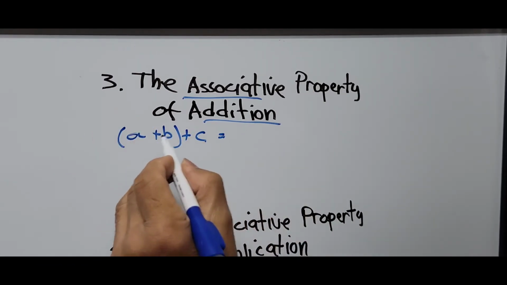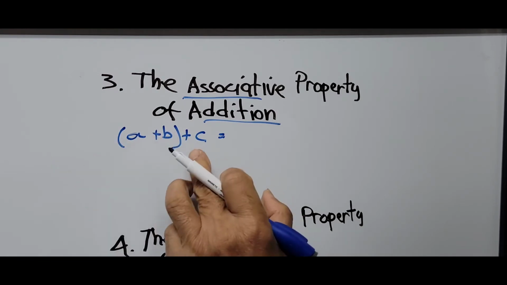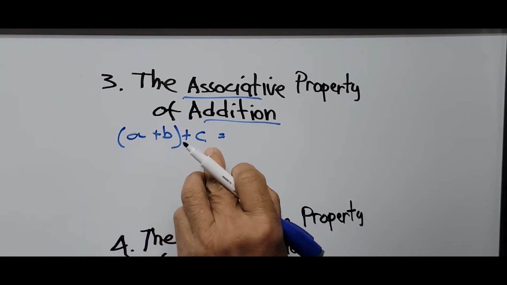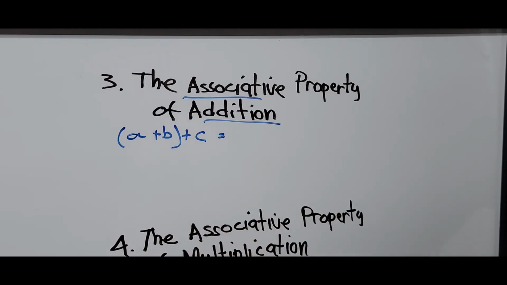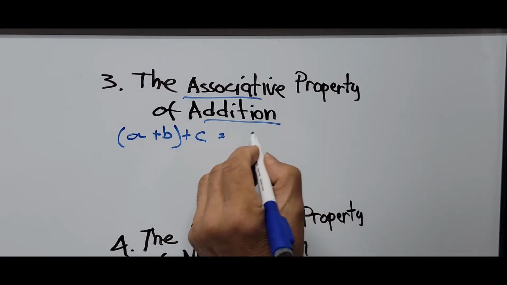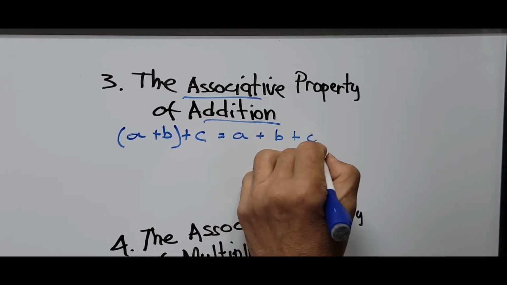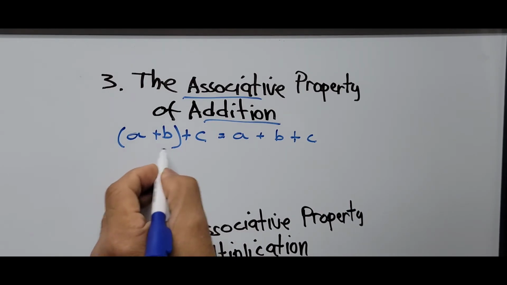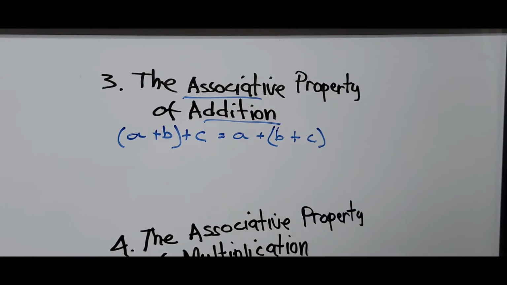So let's say A plus B is grouped with the parentheses as one term, then separate from another term C. It's exactly the same as A plus B plus C, but if you notice, first it was grouped right here, and now the grouping is over here. So the answer would still be the same.